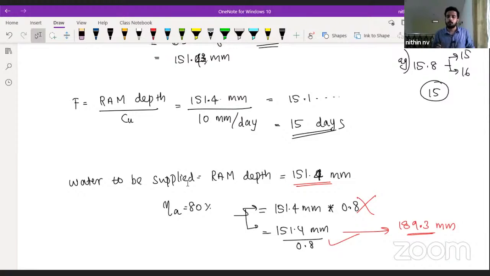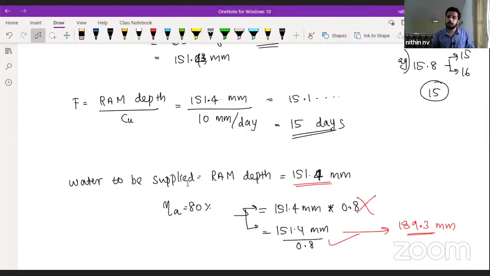Or we can give only 151.4 mm, but rearrange the frequency value, going and giving water even before 15 days. But practically, which is good: going again and again to the field and giving less water, or waiting more days and giving more water whenever we give? Obviously, giving more water within 15 days is good. Every time we don't have to go to the field and do the pumping process. So that's what we are going to do.